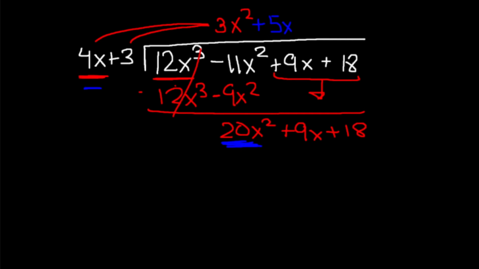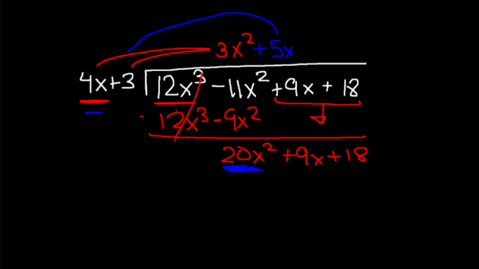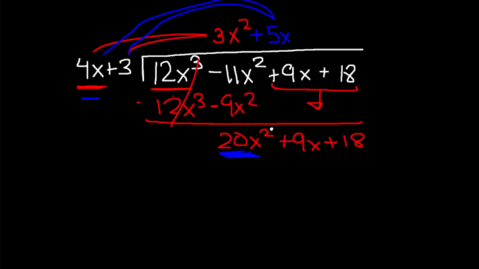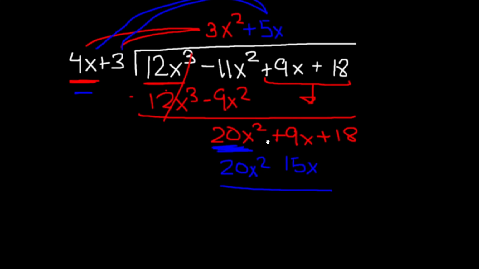So now you're going to multiply 5x by 4x, and you're going to multiply 5x by 3. So 5x times 4x is going to give you 20x squared, and 5x times 3 is going to give you 15x. So 20x squared minus 20x squared is going to give you 0. So it's pointless. We don't need to write that. Now 9x minus 15x.